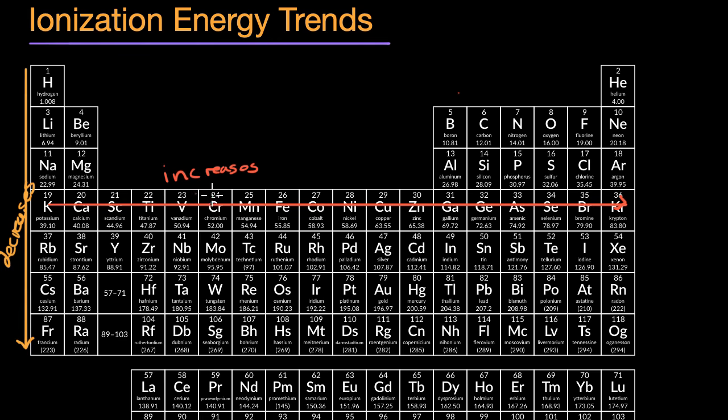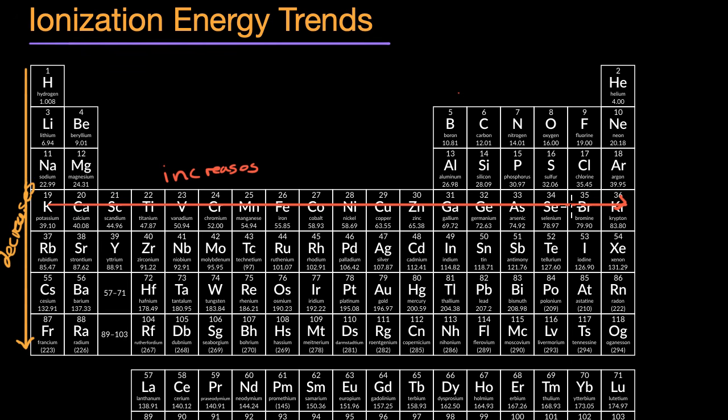Now, as you go from left to right along a period, we already talked about the fact that you're adding electrons, but you're either backfilling into a lower energy shell, or you're adding at that same outer valence shell. But as you're doing so, as you're going from left to right, you have more and more protons. So those protons, as you add more and more, you're going to have a stronger positive charge.